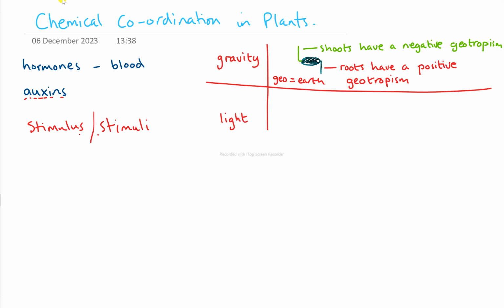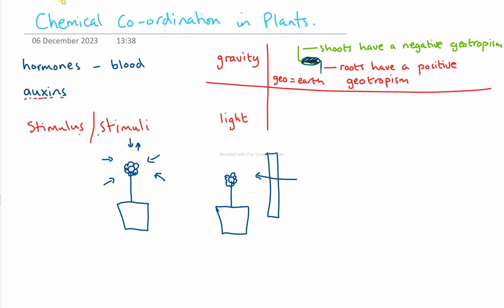So when you've got a plant in a pot and you've got light coming in from every direction, the plant will just grow straight up. Now, you'll notice this if you put this on the windowsill. So now here's the window.